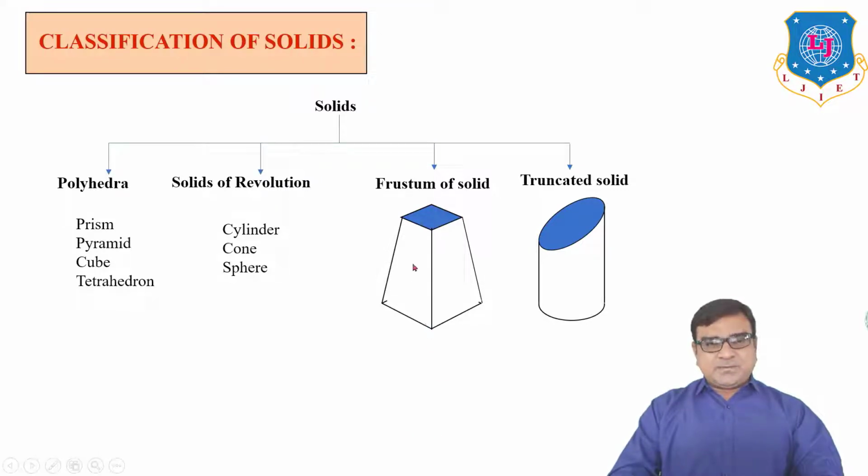In this figure, I have shown one frustum of solid. This is actually frustum of square pyramid, and for example of truncated solid, here this is known as truncated of cylinder.